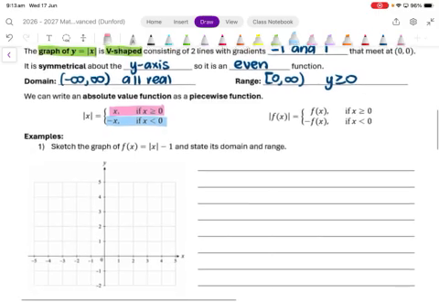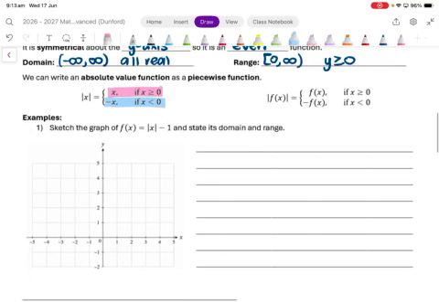What we're going to do is look at our first example. So our first example is to sketch f(x) equals the absolute value of x minus 1, and we're going to state its domain and range. The first thing that we're going to do is look at our absolute value function that we just drew.